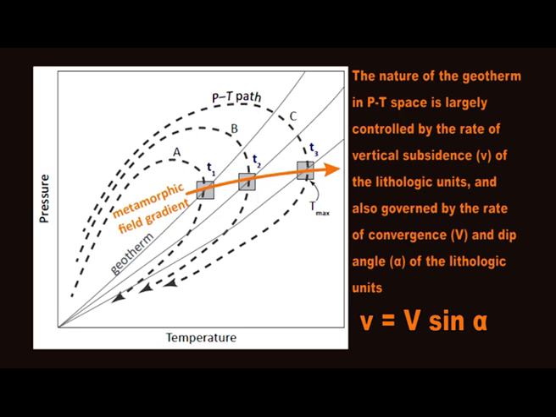The nature of the geotherm in PT space is largely controlled by the rate of vertical subsidence, small v, of the lithologic units, and is also governed by the rate of convergence, capital V, and the dip angle of the lithologic units. The relation is expressed by the equation small v equals V sine alpha.